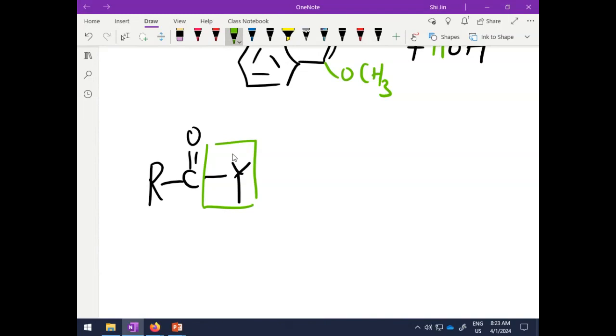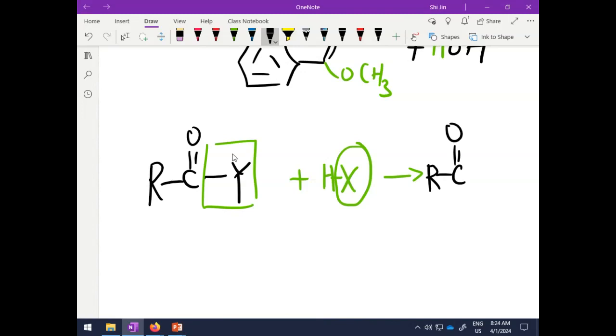Then if it reacts with HX, where X is a nucleophilic species, the reaction will give you the product. This thing does not necessarily have H there.